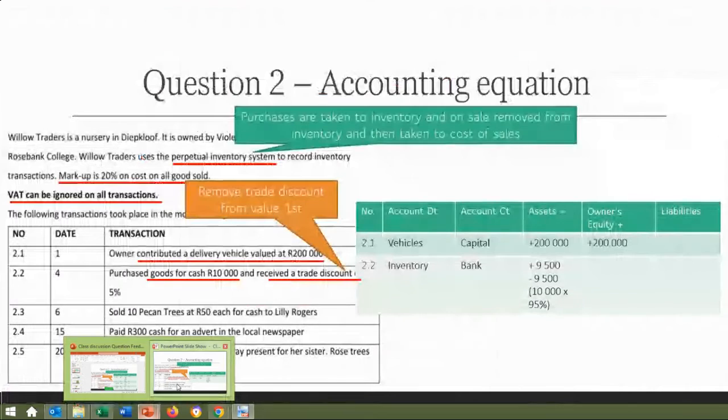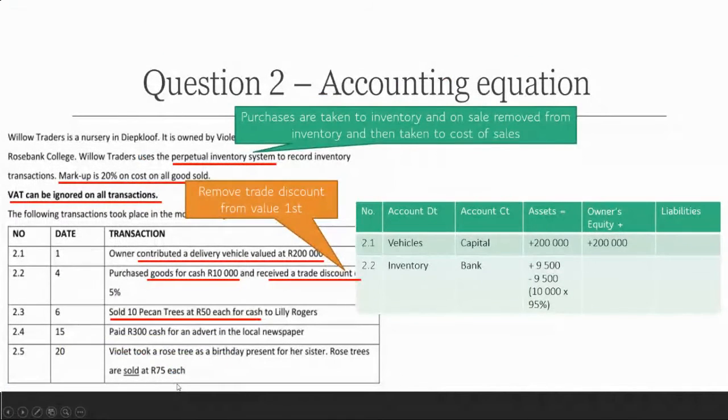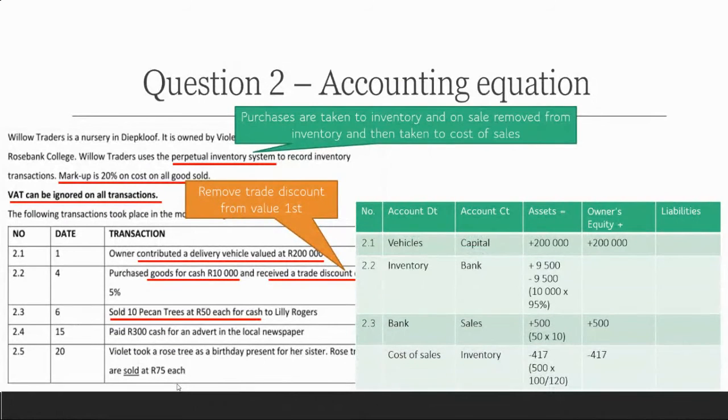Okay, so let's quickly look at the slide again. So this is what your entry would look like. You would debit bank, you would credit sales with the 500, which would increase your assets, 500 would increase your owner's equity. You would debit the cost of sales, you would credit the inventory, and we will decrease the assets with 417 Rand, and we will decrease owner's equity with 417.